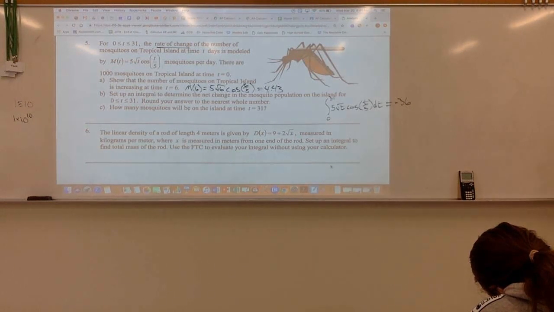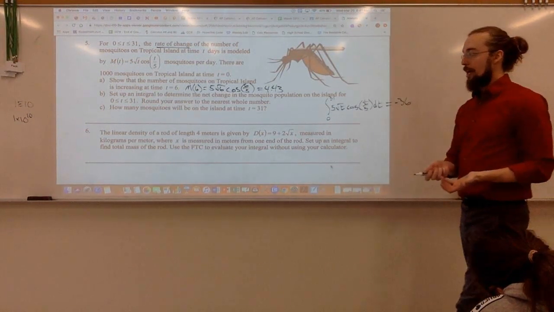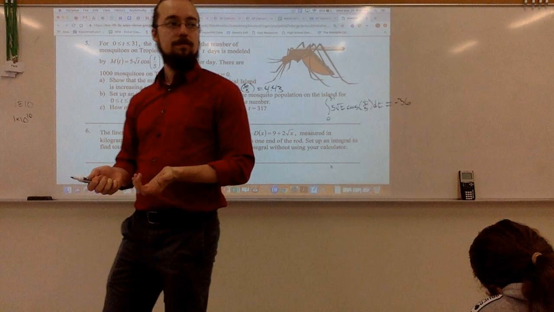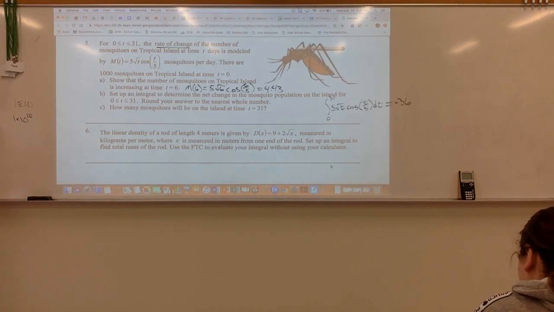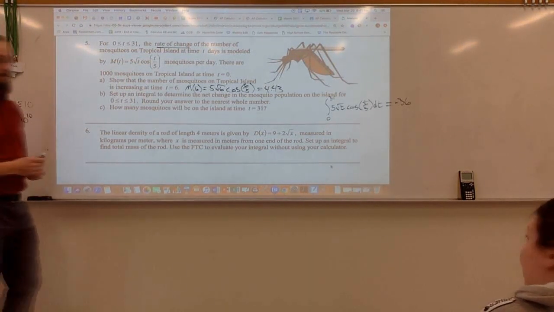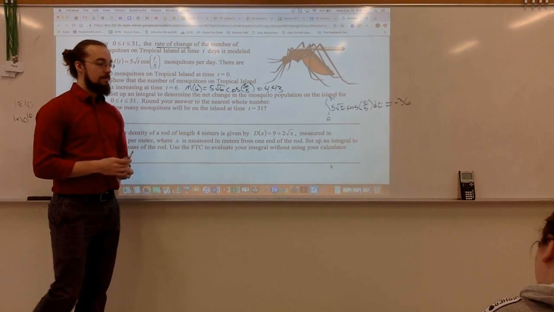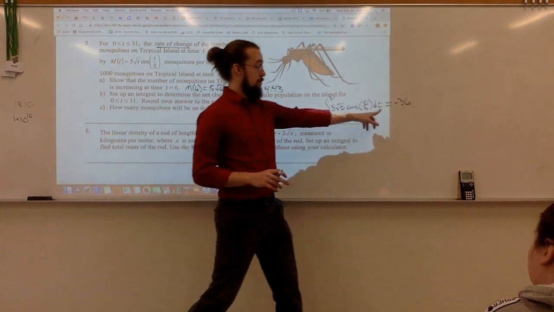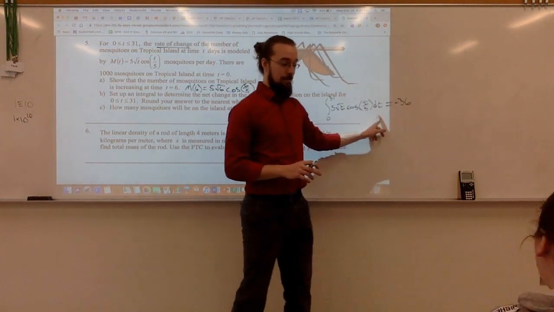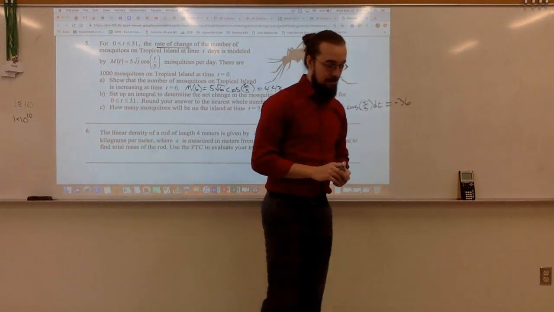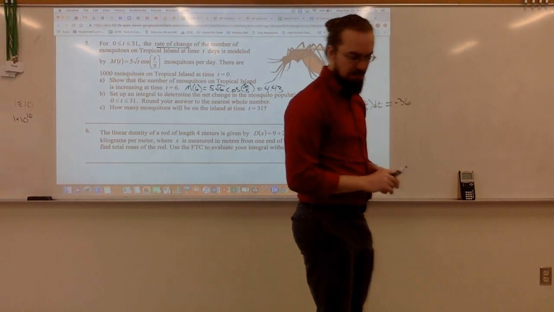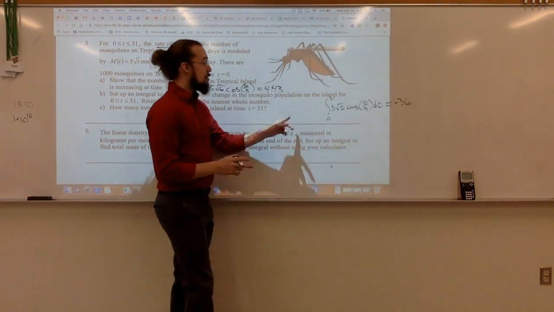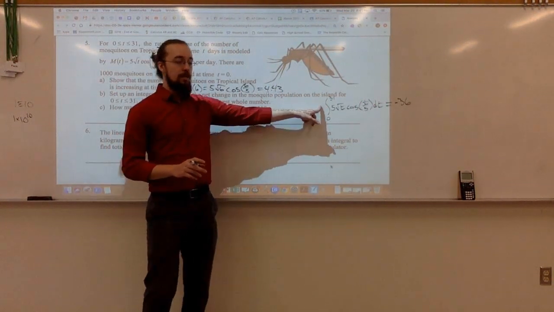Now part C says, how many mosquitoes will we actually have? In part B, we found the net change.